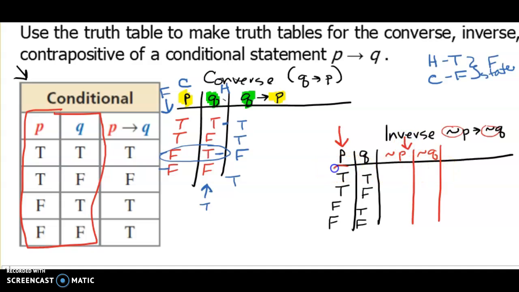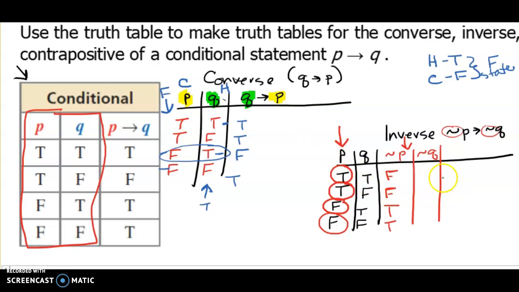Okay, so guys, if P is not true, what does it have to be? It has to be false. But if P is not false, then it has to be true.